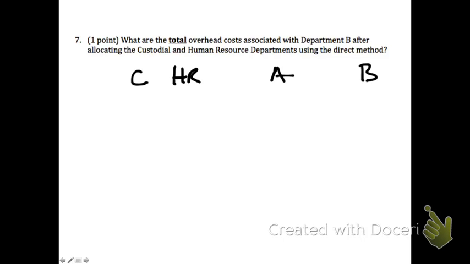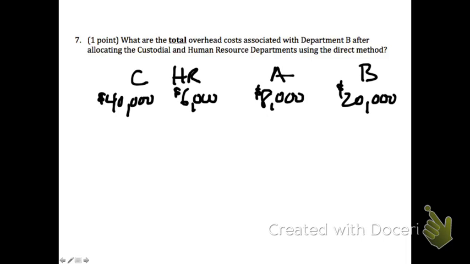So we know that the custodial department starts with 40,000. The human resource department starts with 6,000. And our overhead costs in Department A and Department B right now are 8,000 and 20,000.